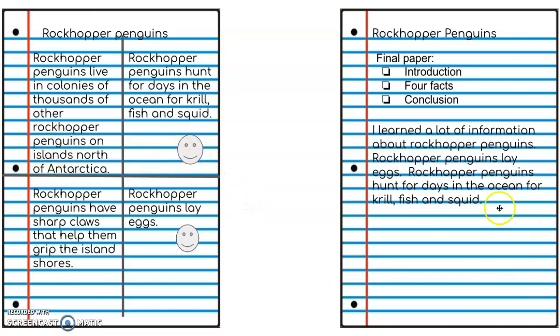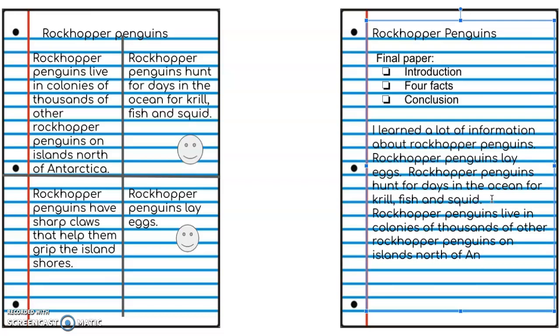Okay, now I'm going to come back to that first one where they live. So rockhopper penguins live in colonies of thousands of other rockhopper penguins on islands north of Antarctica.